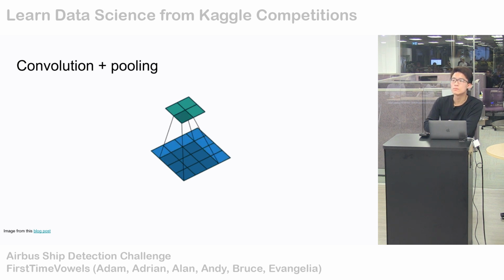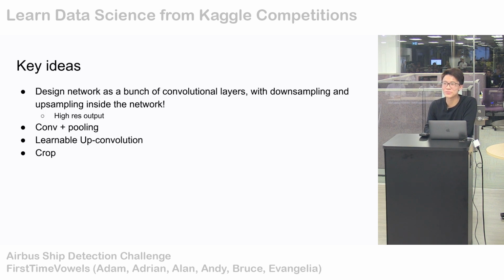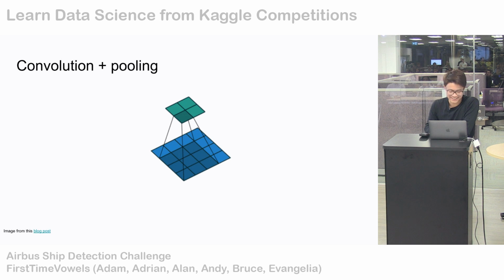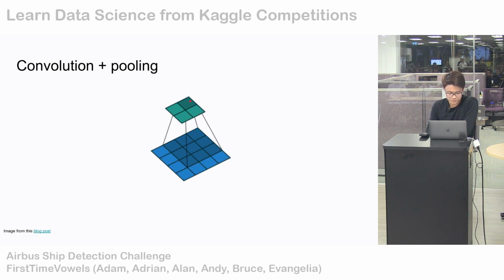So if you go back to the UNet, the downsampling makes sense to me, although how exactly are they doing the upsampling, or are they just blowing up the image? That's what I'm going to talk about soon. So this is downsampling. This is the original image, the 3x3 is the kernel, and the green one is the output.